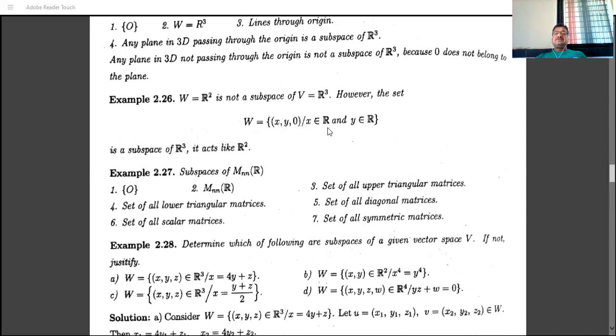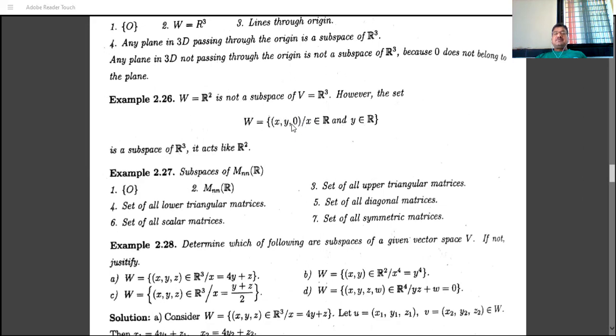This is a subspace of R3, but R square is not a subspace of R3 because it is not a subset of R3, because R3 is the set of 3 tuples. While this set of 3 tuples x, y, 0, x and y real numbers, is a subspace of R3. We can give the proof of this example using 2 conditions.